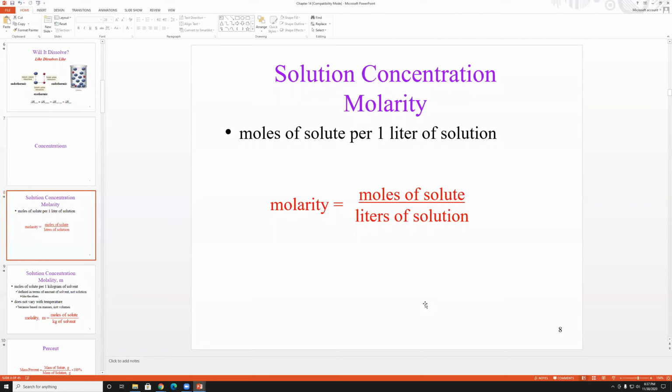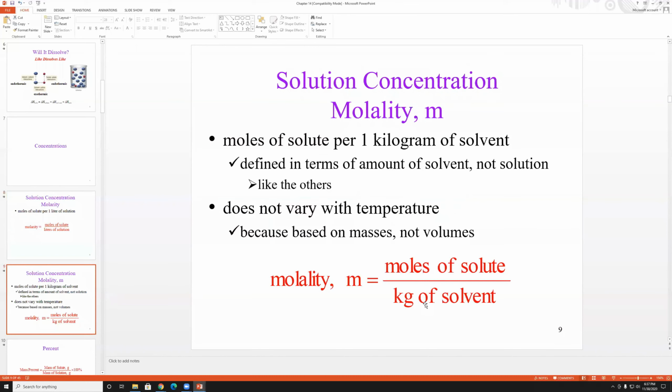So the amount of stuff you actually have, it'll be like, whoa, it's going all over the place. But molality is a constant. It'll be the moles of stuff you have in the vat, and then the kilograms of solvent that's in the vat. Those will never change no matter what you do with the temperature or the pressure. So that's why it's a really good way of telling concentration.